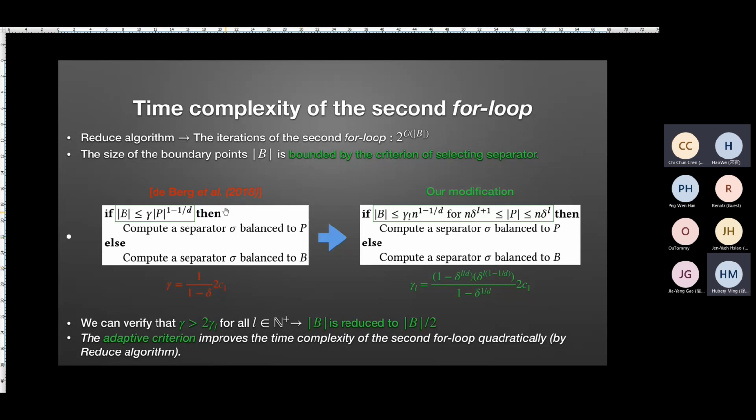Our contribution is to modify the criteria.